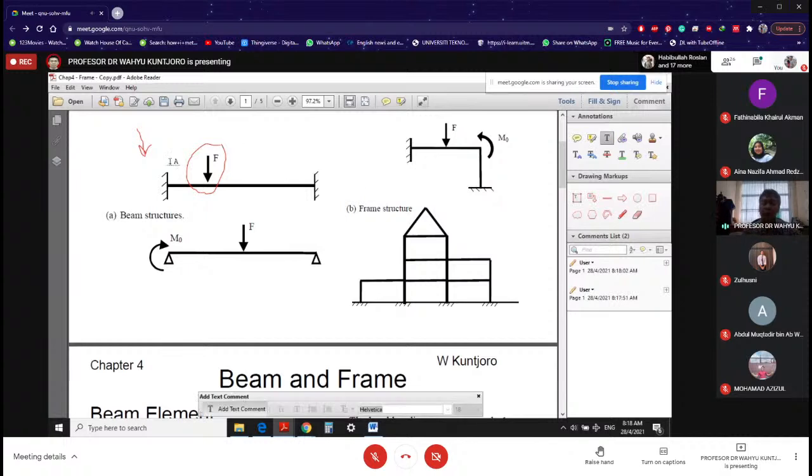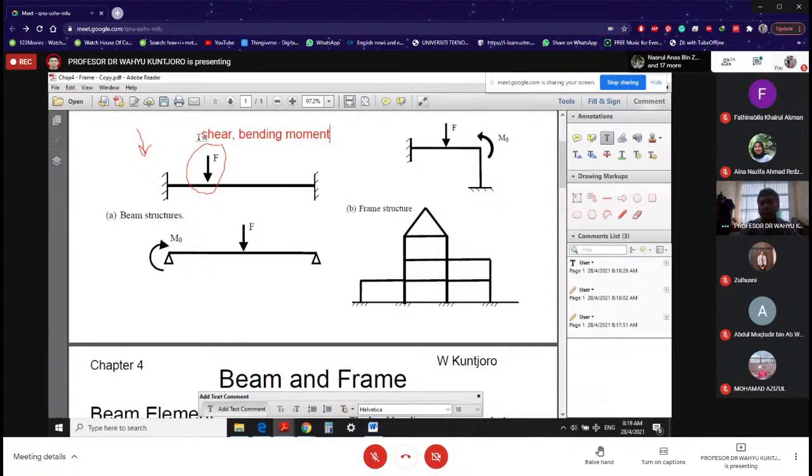The force here is not axial force, and because of this, you will have what we call internal moment and also internal shear force. So this is beam, which you have learned in strength of material. So we have shear, and we have also bending moment. That is the behavior of beam.